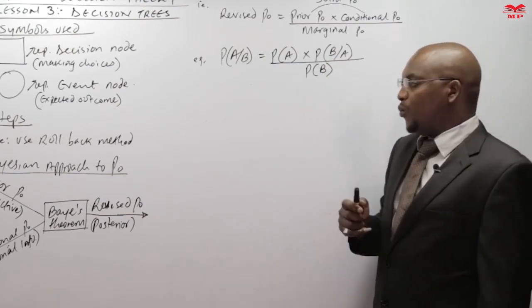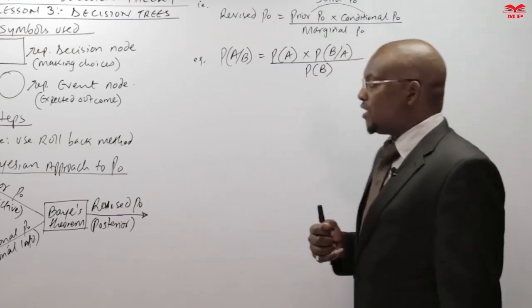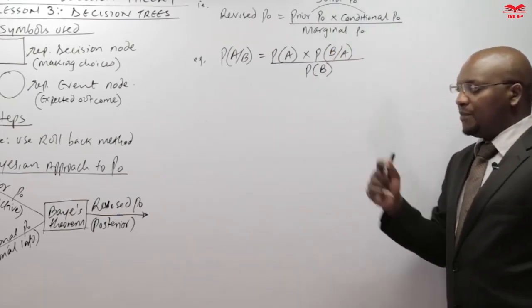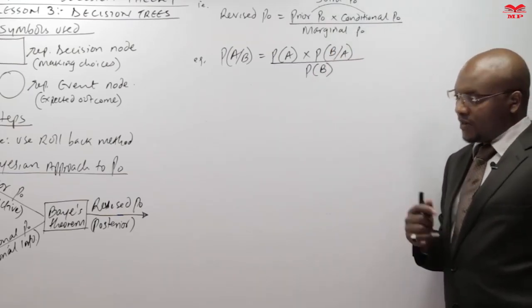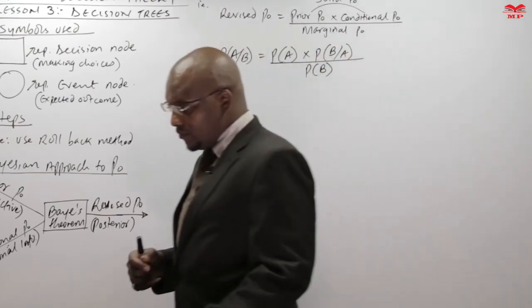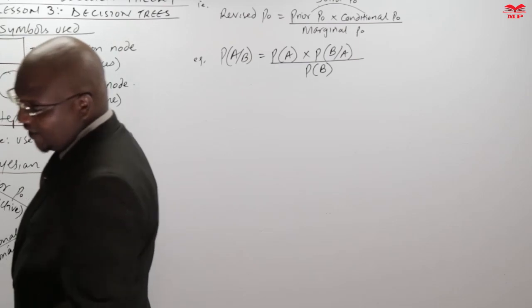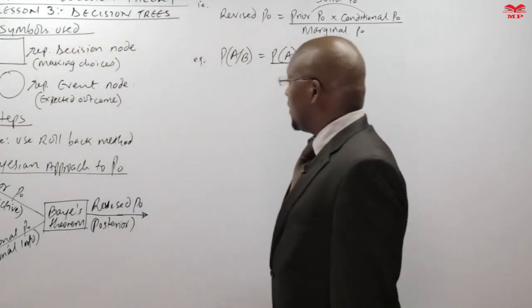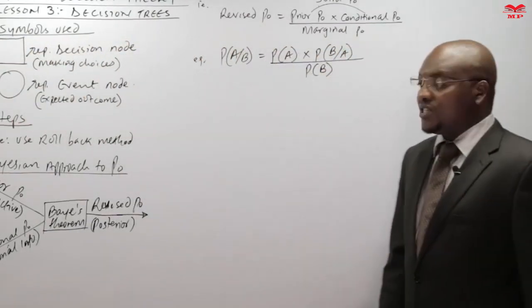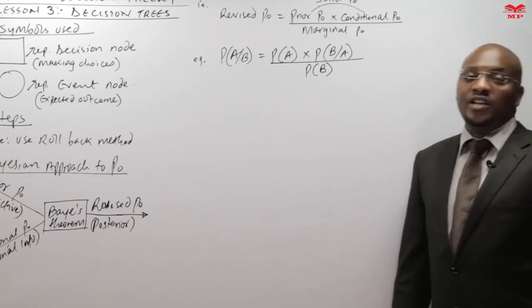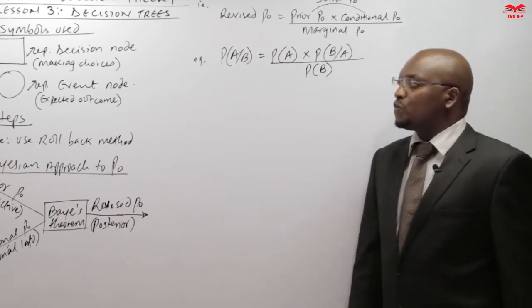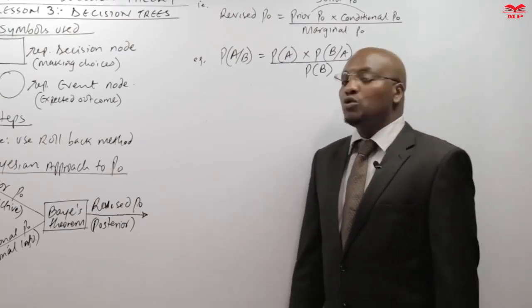That's how we need to understand the concept of Bayes, or the Bayesian approach. Now, information is power, and information makes a decision maker change his decision, or change his thinking and approach.